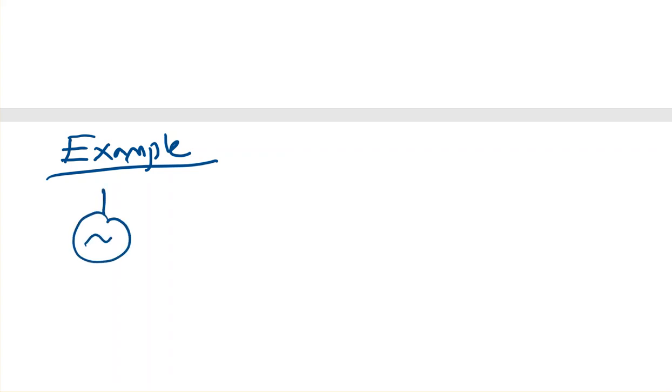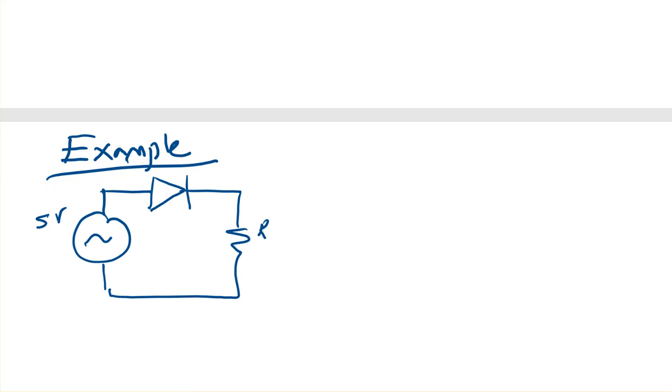Now let's have some very simple examples to demonstrate what we did. First example is the following. Assume I have a circuit like this where the voltage is 5 volts and it's connected to a diode, and this diode is connected to a certain load.